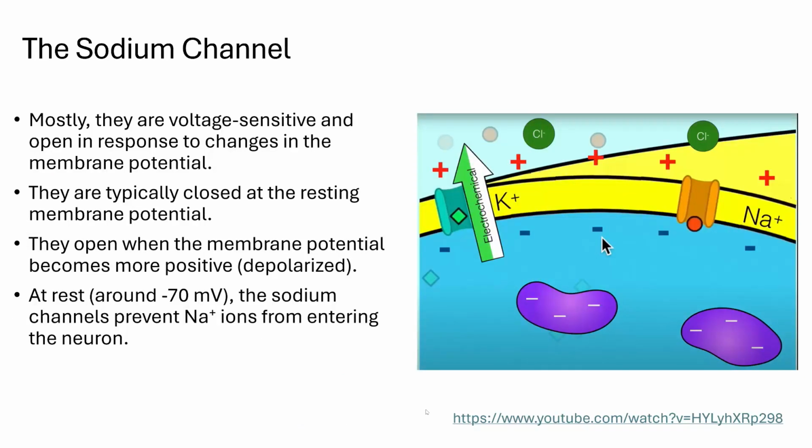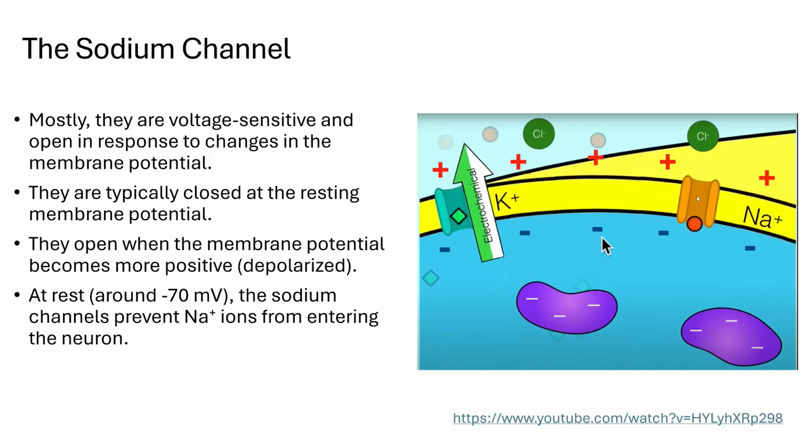Now, apart from the potassium channels, we have sodium channels. Mostly, they are voltage sensitive and open in response to changes in the membrane potential. You may see here the potassium channel, which we examined before, and now there is a sodium channel.